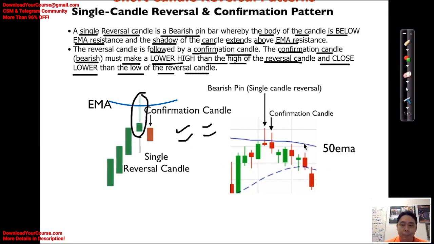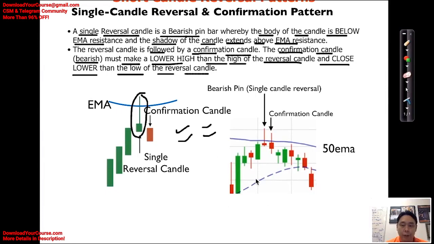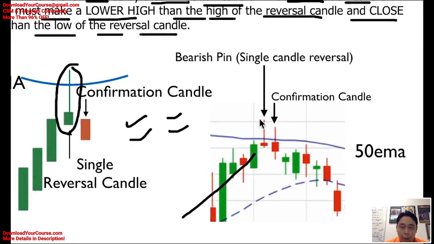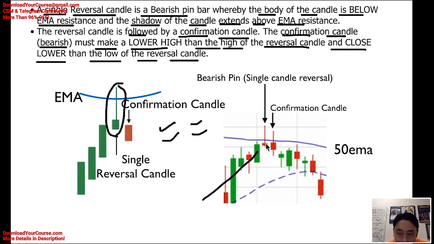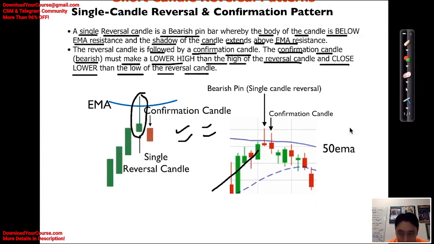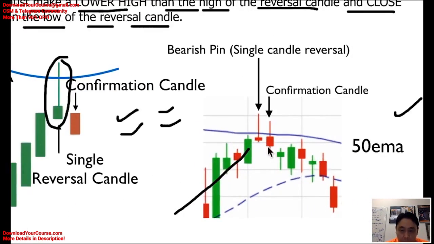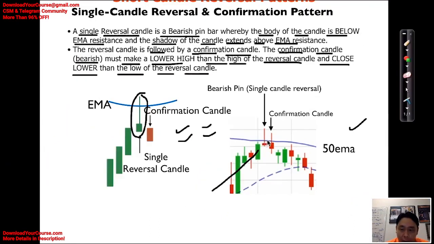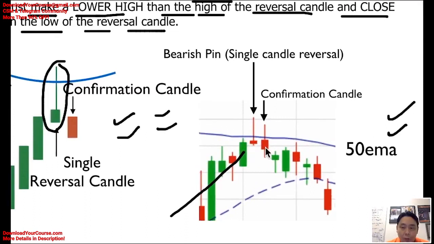All right. So take a look at this chart over here. You can see it retraces, and we have a bearish pin bar. So is it a reversal candle? Is the body below the moving average? Yes, check. Is the upper shadow cutting the moving average? Check. Is it followed by a confirmation candle?